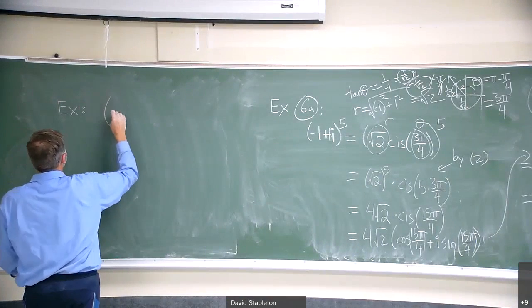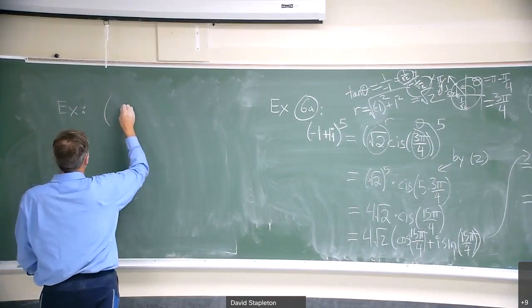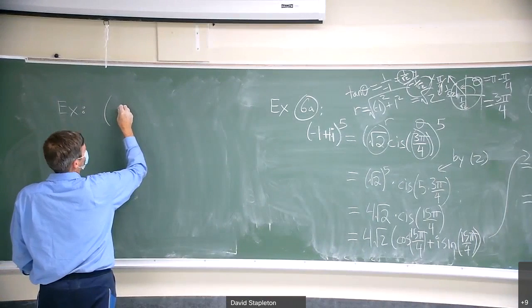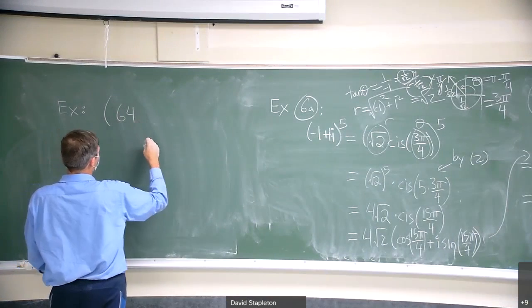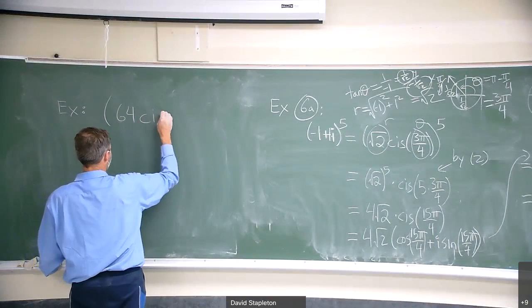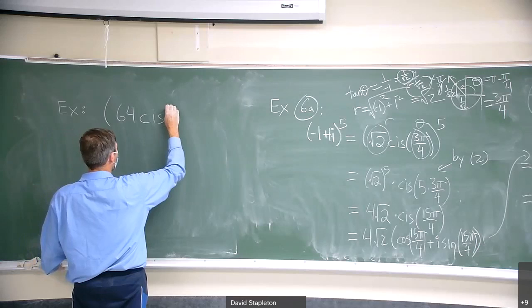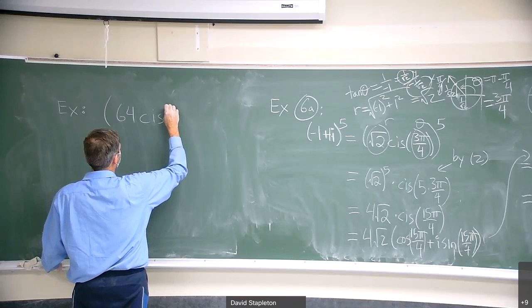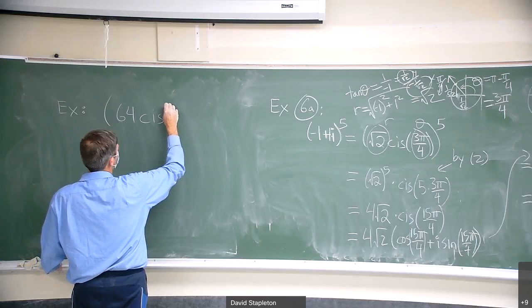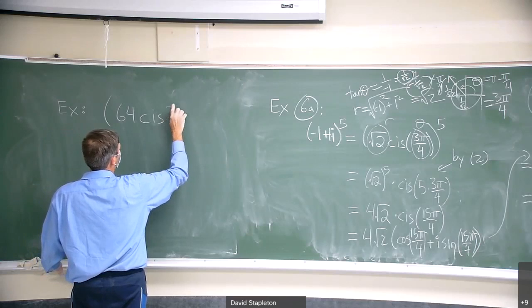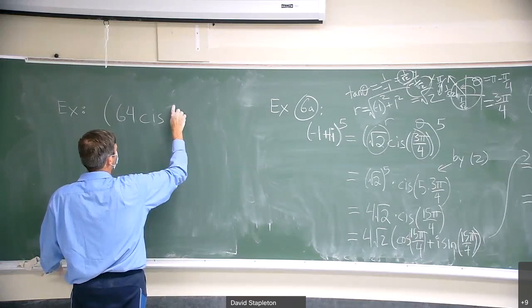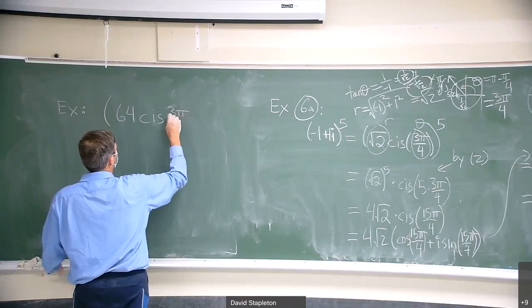Suppose I want to take the cube root of 64 times cosine plus i sine of 3 pi over 4.